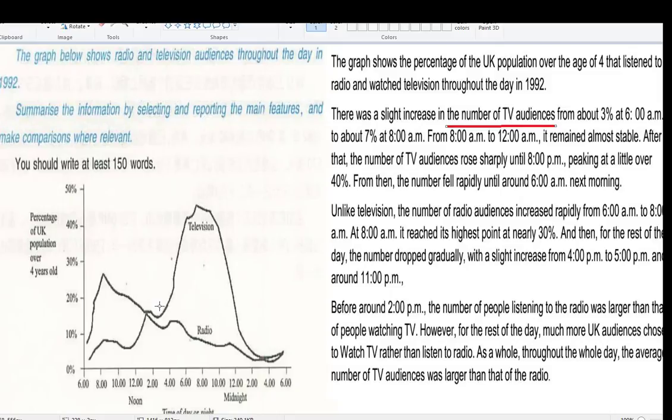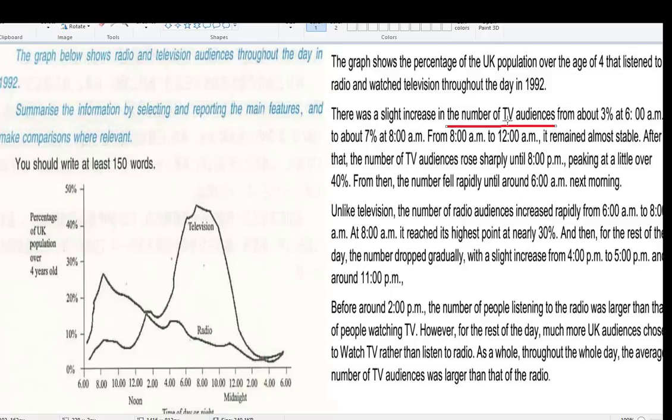The audience is the number of people watching television. So there can be a number of people watching television, but there's only one audience. So this is a faulty phrase. They're using incorrect phrases to describe the information given.